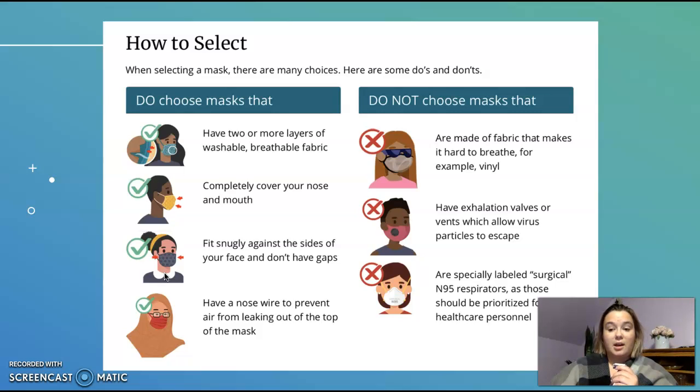But something that I actually found really interesting when this all started was that you do not want the masks that have the valves in them, because they allow particles to escape. A lot of people think that they're just as effective, but they're actually not. So that's a really important thing to include in here.